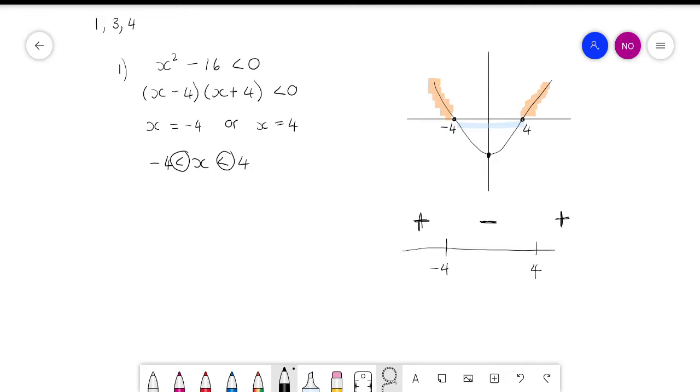Okay. Ander ding, kan julle onthou werk intervalnotasie? Do you remember intervals? I like writing it like this, but you are more than welcome to write it like this as well. X is an element of -4 to 4. Nee? En as dit blokhakkies is, dan sluit jy hom mos in. So block brackets would have been is equal to as well.